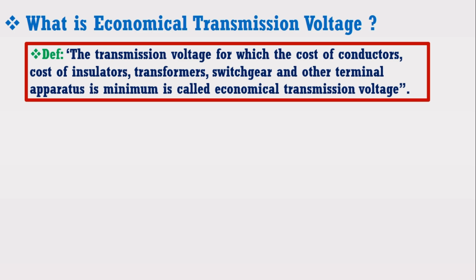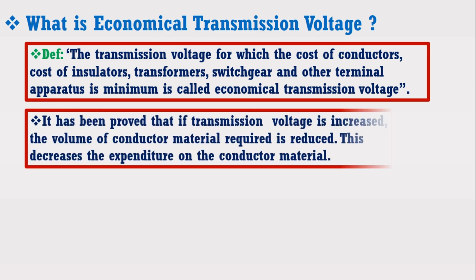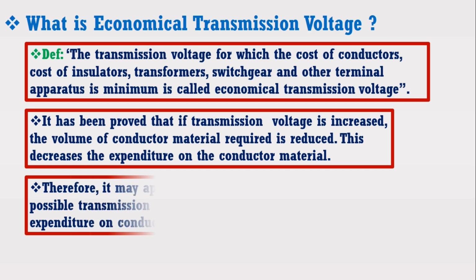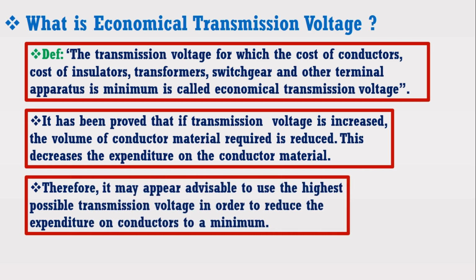In the previous lectures, it has been proved that if the transmission voltage is increased, the volume of conductor material required is reduced. This decreases the expenditure on the conductor material. Therefore, it may appear advisable to use the highest possible transmission voltage in order to reduce the expenditure on conductors to a minimum.